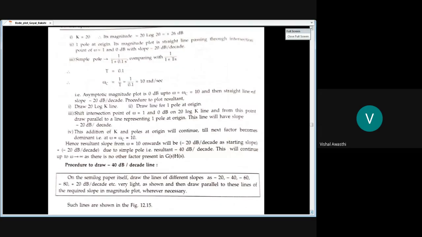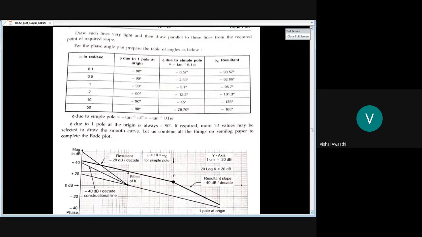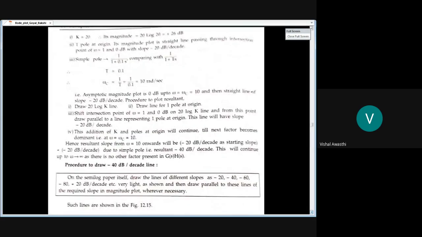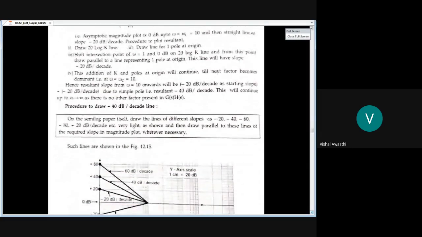Now next, we are moving towards the quadratic factor. When you have a quadratic factor, first of all, compare it with the standard equation, which is s square plus 2 zeta omega n s plus omega n square.